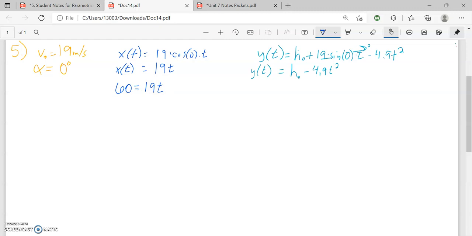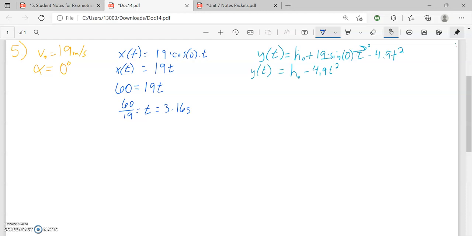So we can find that 60 over 19 equals t, which equals roughly 3.16 seconds. Because again, you guys, we know that the horizontal is not affected by gravity or anything like that. We just know that after some amount of time, this thing has gone 60 meters horizontally.